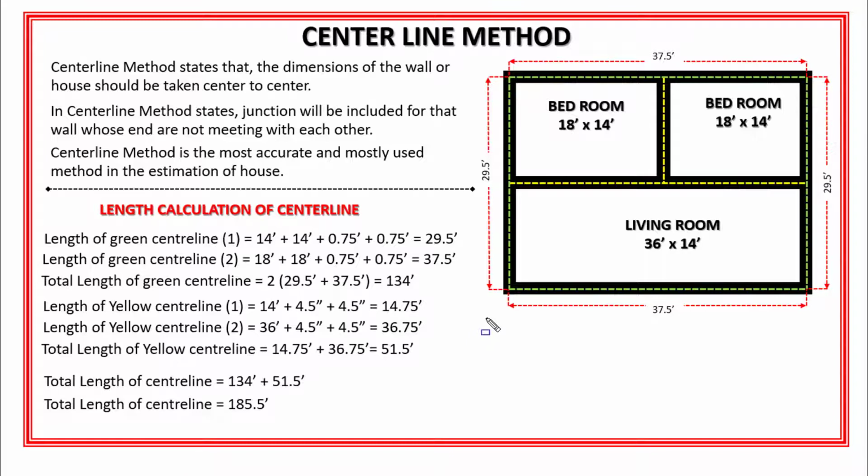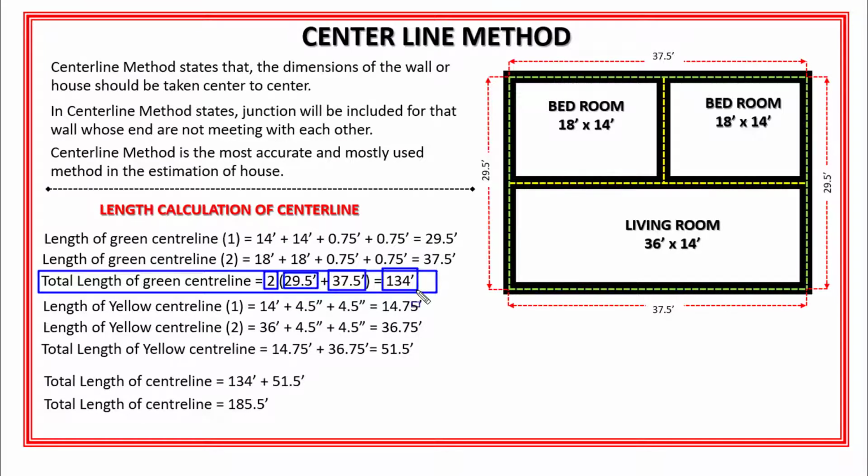So the total length of this green center line will be equal to 2 into (29.5 plus 37.5), and the total length of this green center line will be equal to 134 feet. So now I can say that the total length of the green center line is 134 feet.